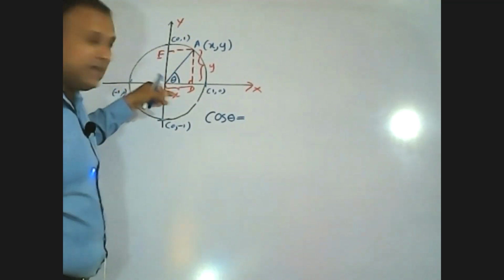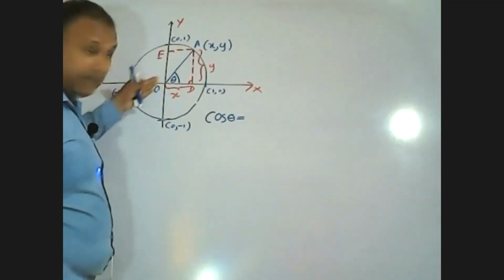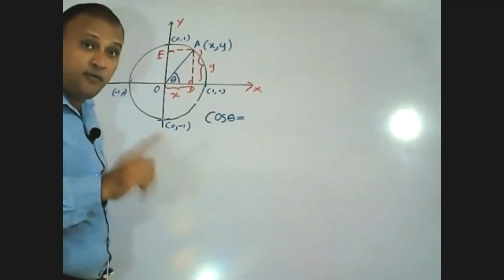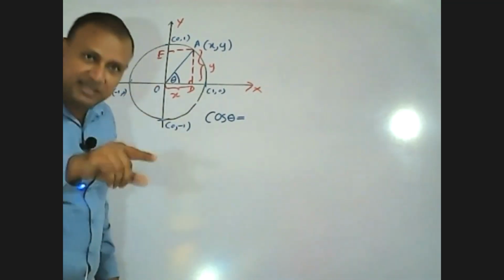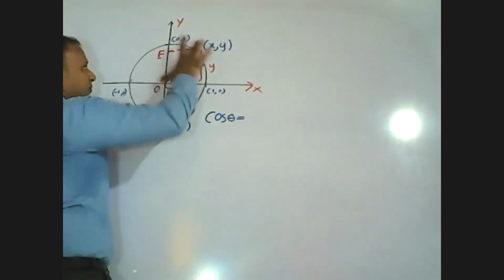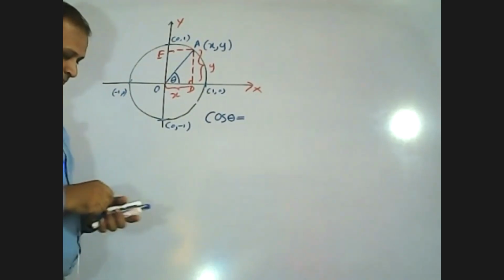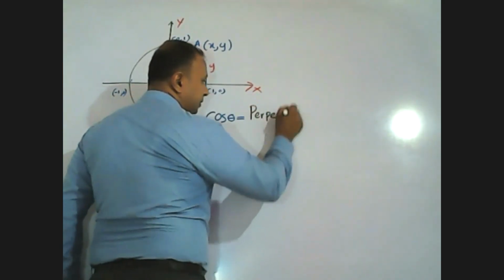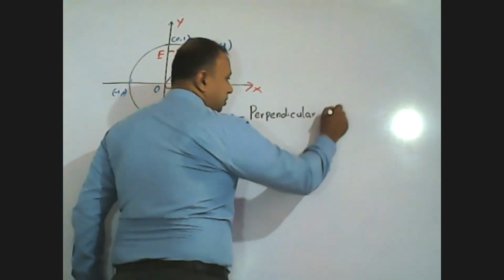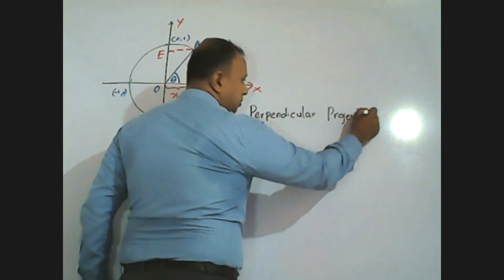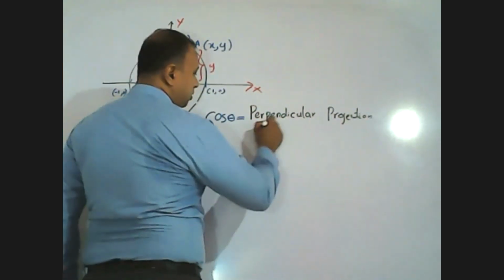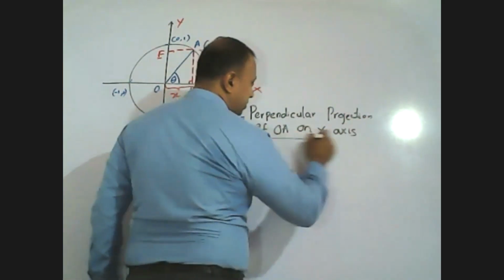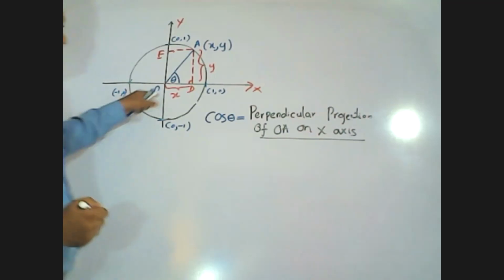Therefore, instead of the adjacent side, I can write the perpendicular projection of OA on the x-axis, over OA.